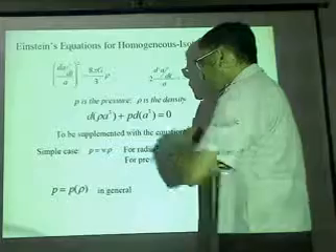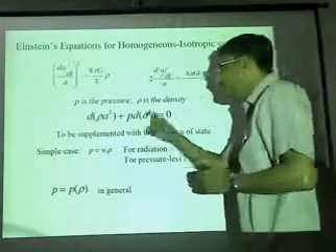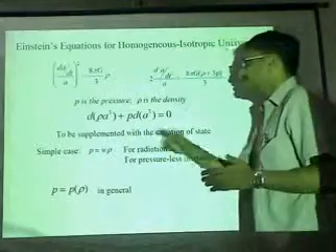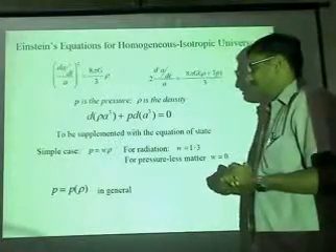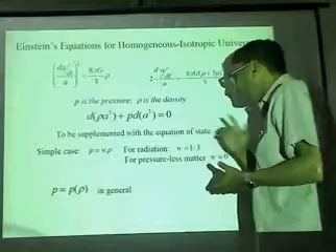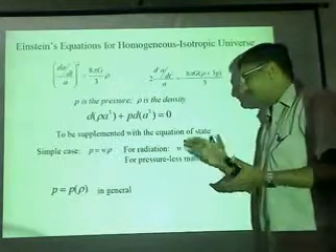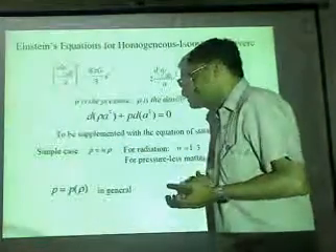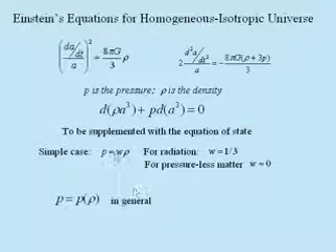However, the story doesn't end here. We need to have a precise relationship between P and rho. So these equations are to be supplemented by what we call the equation of state, which tells what this relation is. For simple cases, we have P equal to W rho, where W is a constant. For radiation, it is 1/3. For pressureless matter, it is 0.